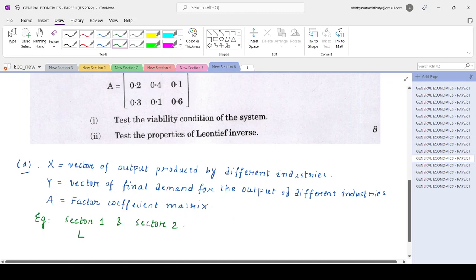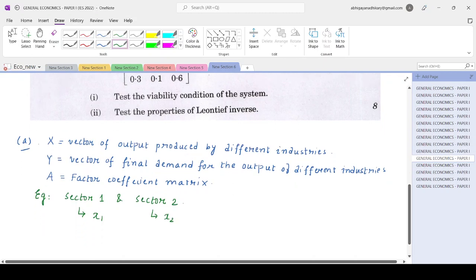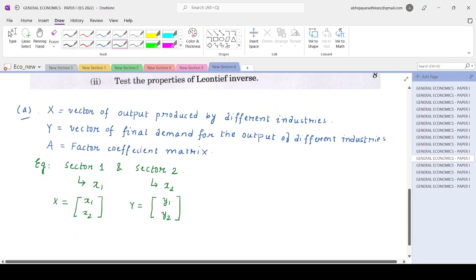Sector 1 produces the output level x1, sector 2 produces an output level x2. That means your capital X, which is a vector of output, will be x1, x2, and capital Y, which is a vector of final demand, will be y1, y2. Okay, and your factor coefficient matrix will be denoted as A11, A12, A21, A22.